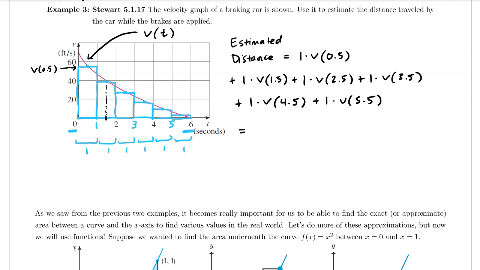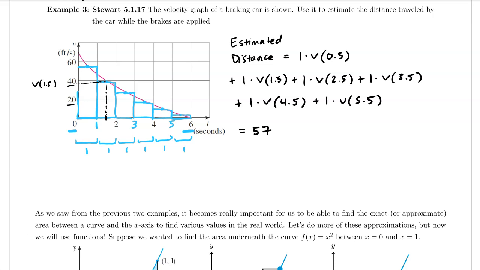So now what I'm going to do is I'm going to go ahead and estimate those, and your estimations might be slightly different than mine, but I'm just kind of eyeballing it. So v of 0.5 I can see is between 40 and 60, and it's a little bit closer to 60, so I'm just going to say maybe 57. And then we want to go ahead and do our next value, which is v of 1.5. v of 1.5 is like right here, and it's between 20 and 40, definitely much closer to 40.